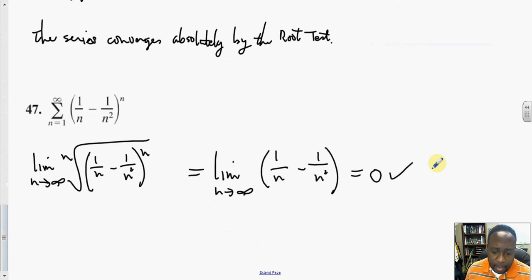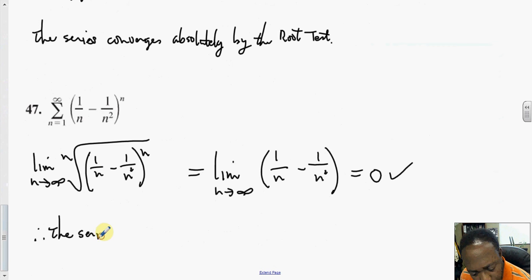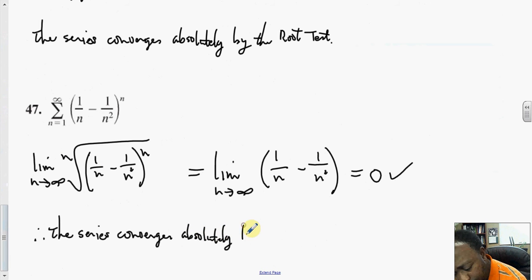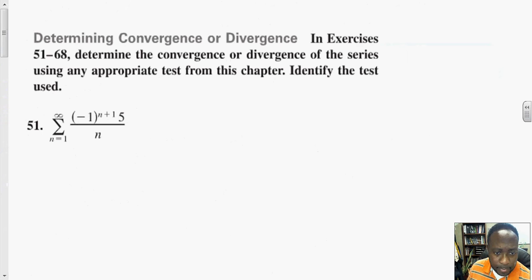It fits the description of the test, and so we said that here the series converges absolutely by the root test. Let's look at some more.